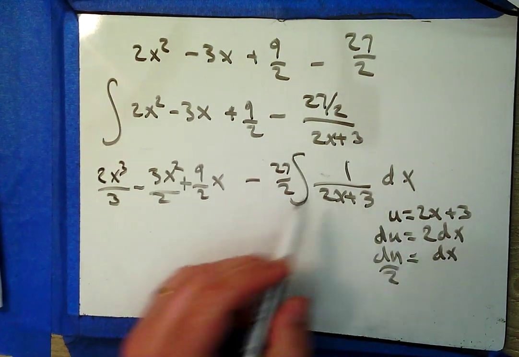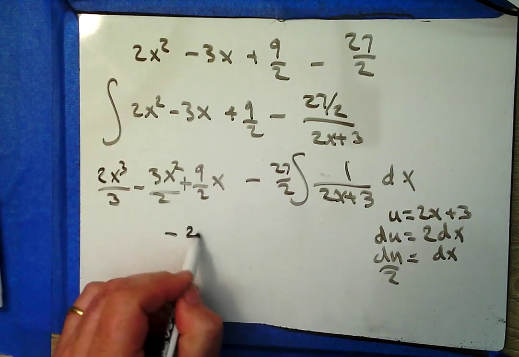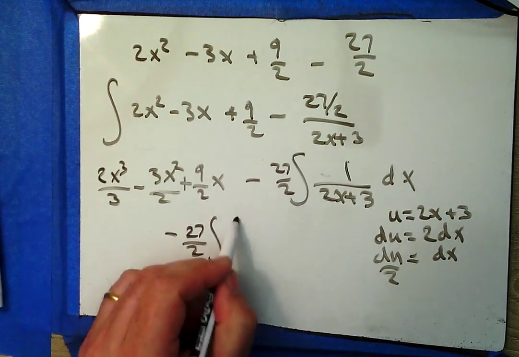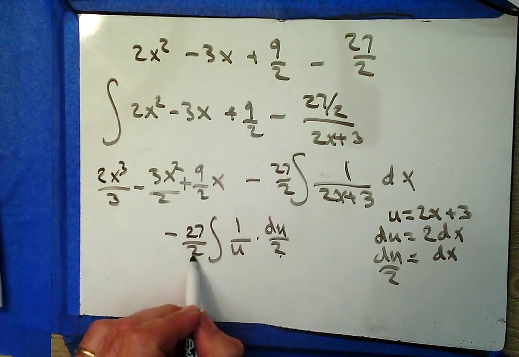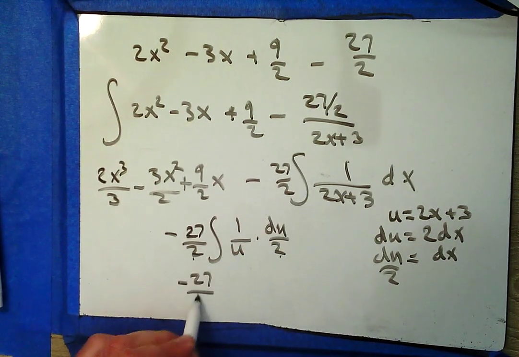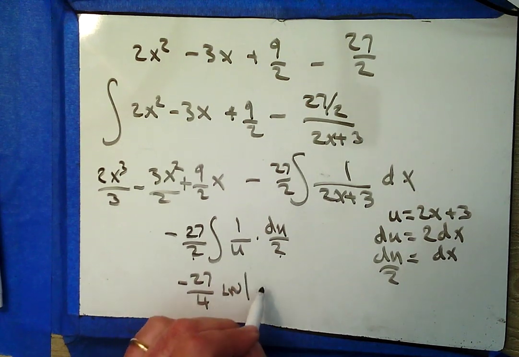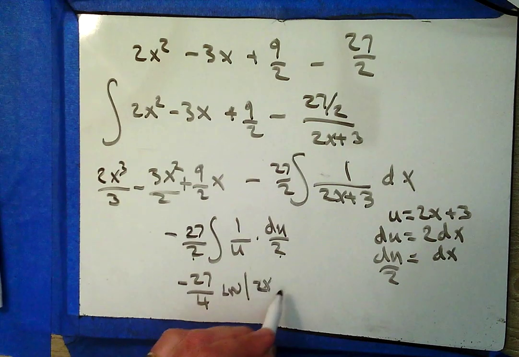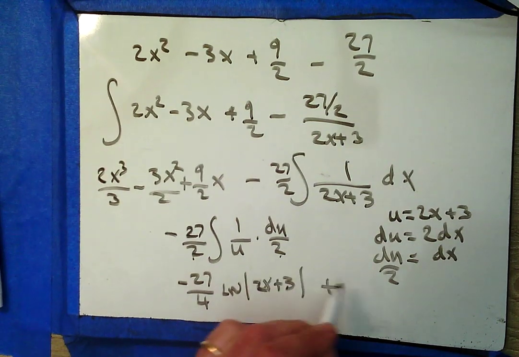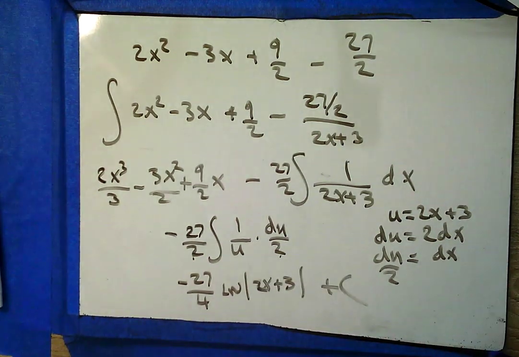So then I'm going to be able to rewrite this as negative 27/2, integral 1 over u, du over 2. This 2 comes out with this 2, and I get negative 27/4 ln not of 4x plus 6, but of 2x plus 3. And that turns out to be choice C.